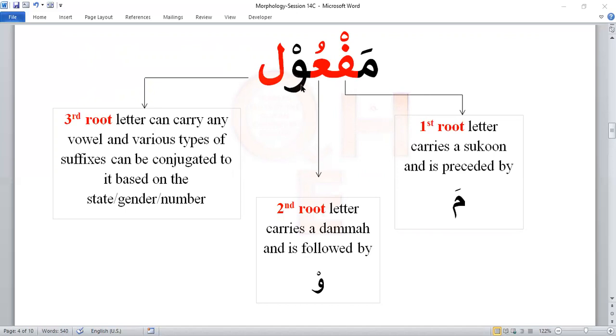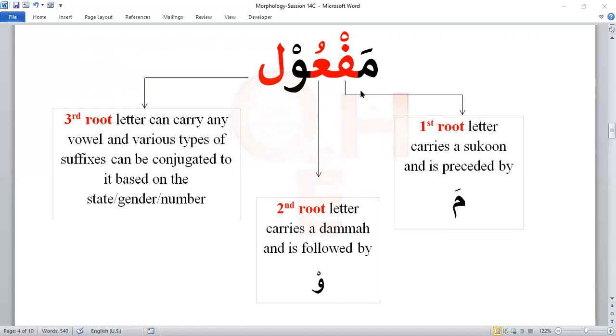And after waw sakina, there will be a third root letter which can carry any vowel or various types of suffixes based on state, gender, and number. So this is the basic conjugation of a passive participle, maf'ul.